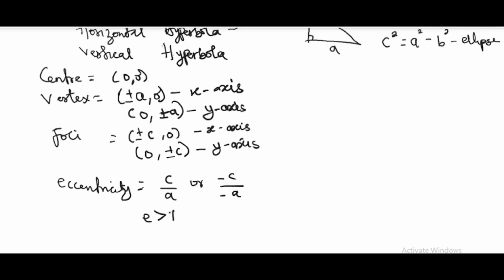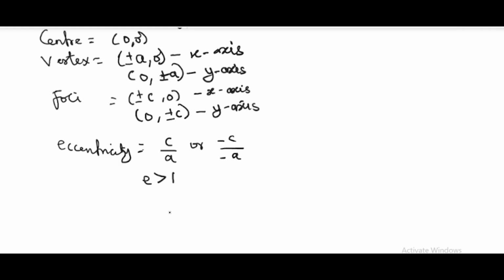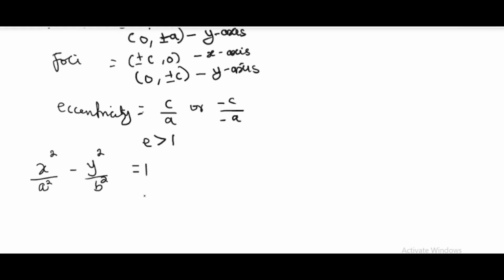So what is the standard equation? The standard equation of a hyperbola, if it's on the x-axis, we have it to be x squared over a squared minus, just like that of an ellipse is plus, that of a hyperbola is minus. So these are things you need to take note of. Be very careful.